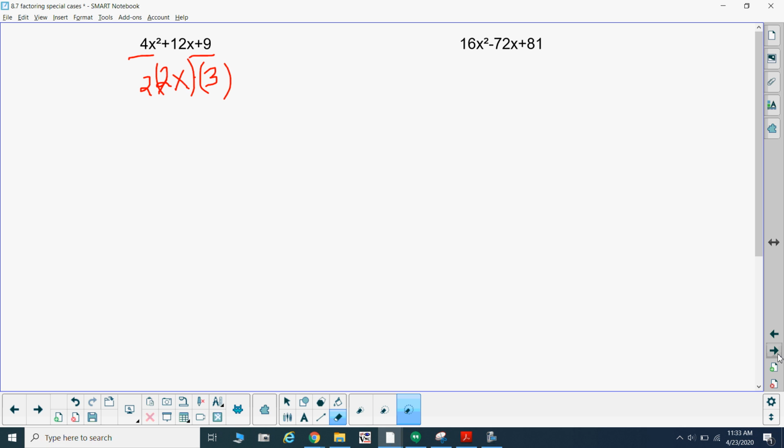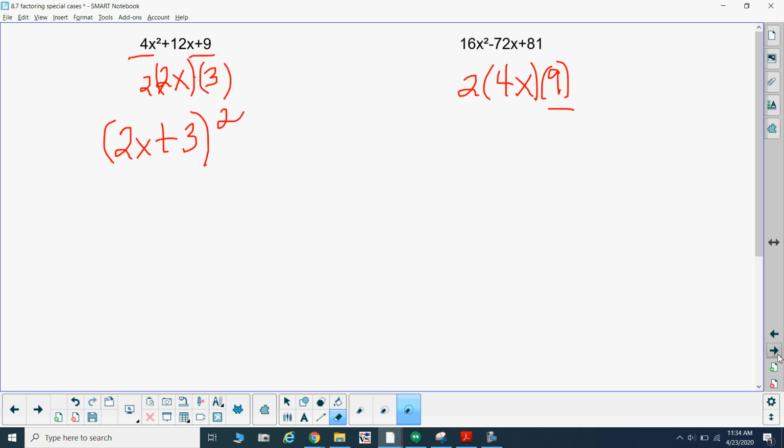So I just know square root of the first thing. So square root of 4x squared is 2x. Both the signs the same, both are positive, so plus square root of the last thing. And I have to square the whole quantity. Same with this one. Are the middle terms 2 times the square root of the first thing times the square root of the last thing?